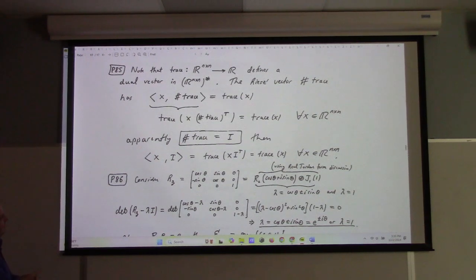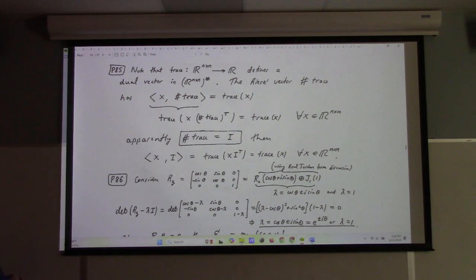So yeah, that's the hashtag, oh I'm sorry, no hashtags. The sharp trace is the Riesz vector. It's whatever I need, x inner product that vector is the trace of x. And it's very silly in this case. Well, what's the inner product? The inner product of A and B here is AB transpose, right?